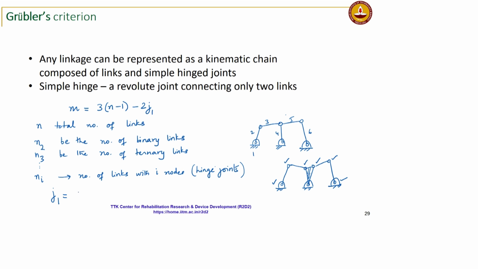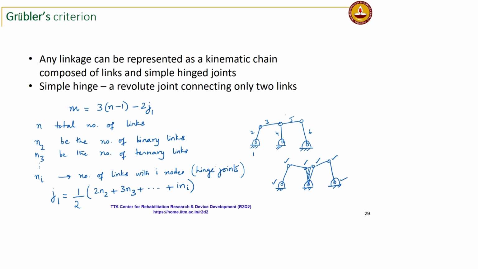So, my j1 will be half of 2 n2 plus 3 n3 plus i ni, because a binary link will connect to 2 other links.